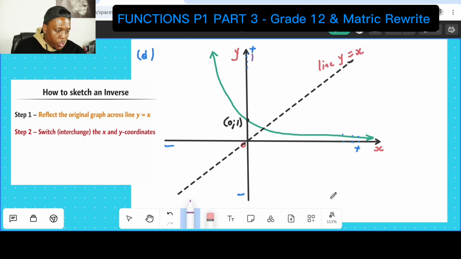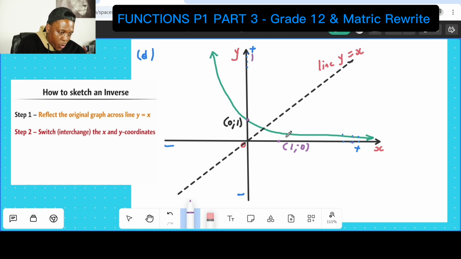Now you will notice that this original graph, the green one, while it's too close to the positive x-axis, it is curving towards the y-intercept. Now remember, when we sketch the inverse, we switch the coordinates. 0 is to 1 will become 1 is to 0, somewhere here. 1 is to 0.